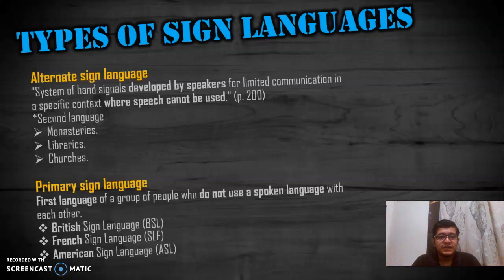But the alternate sign language is a system too. The primary sign language is like a general sign language from a country, but the alternate one is used just in immediate places.